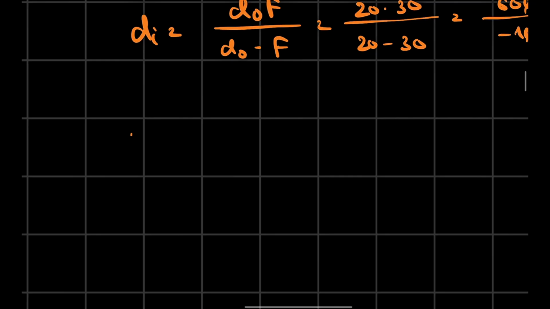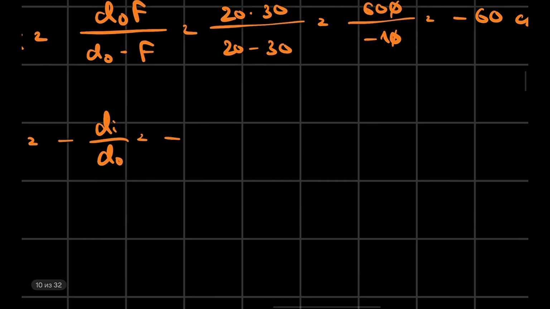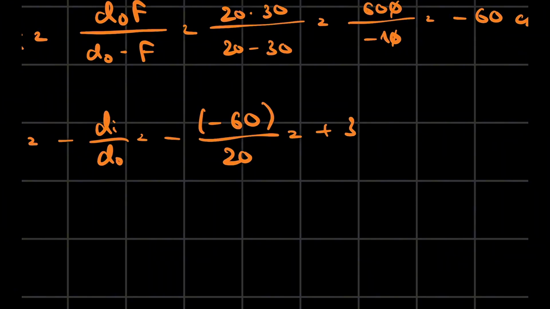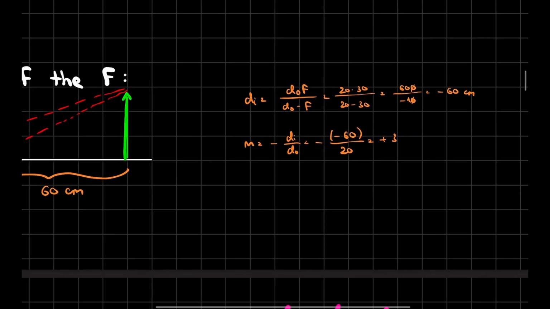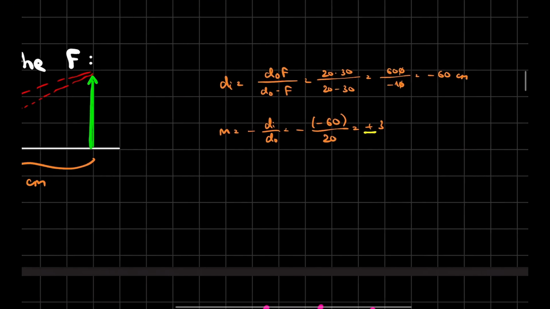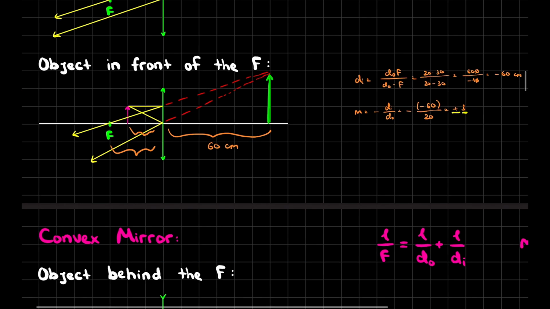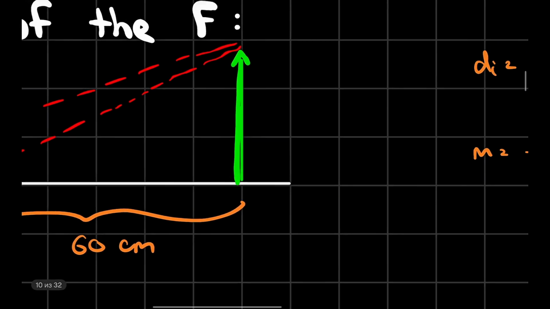Okay, if we do just magnification, it would be minus DI divided by DO, which means that this is minus DI, which is itself minus 60, and distance of the object, which is 20, and this would be positive 3. As I have told you, positive 3, negative 3, it does not matter. Plus only means that it is upright, and it is, which means that our calculations are correct. And this 3 means that it is just 3 times larger than the object, and as you can see, the object is just one box. The image is 3 boxes.